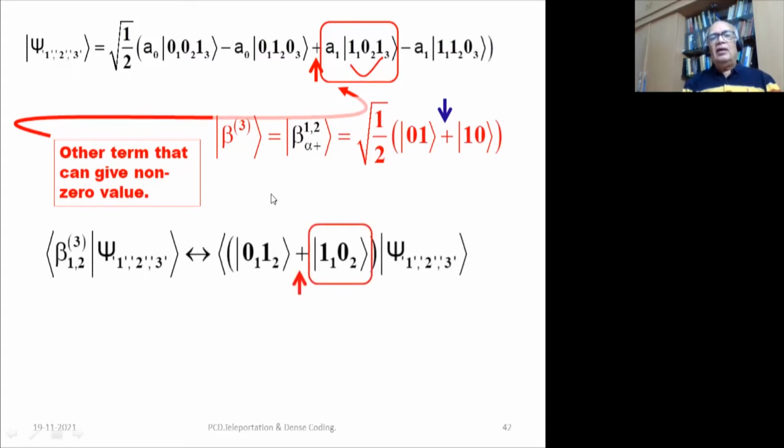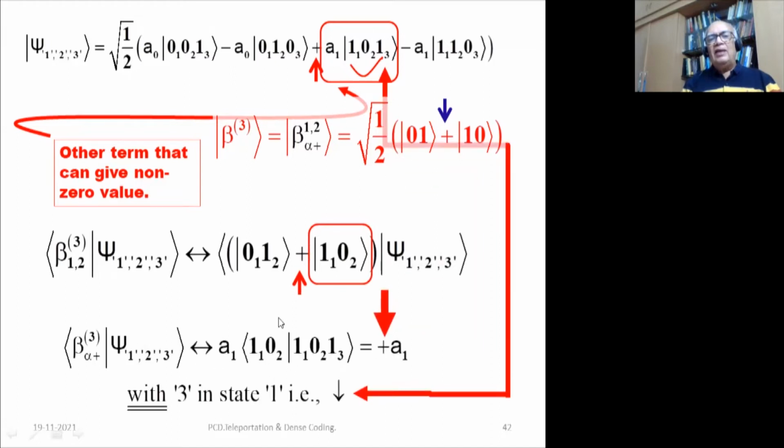And you must keep track of the sign. So you have a plus sign here and a plus sign here. So that gives you plus A1 for this probability amplitude, but it also gives you some information about the state of qubit number 3, because for this particular term, qubit number 3, which is with Bob at a remote location, is in the state 1.